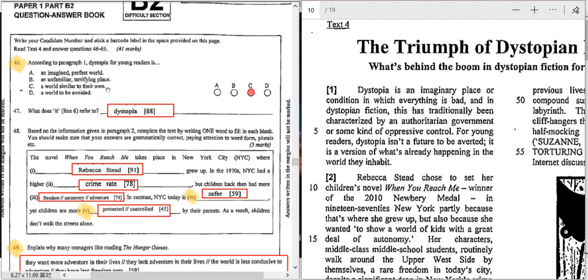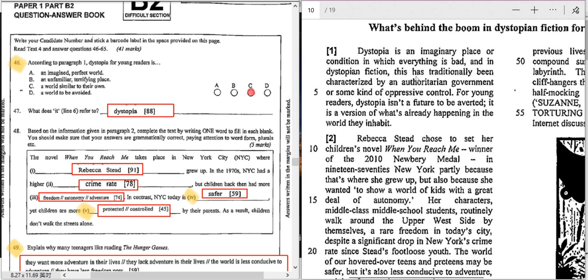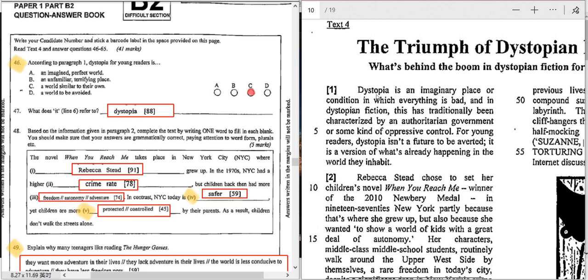Now let's get started with question 46, dystopian literature. According to paragraph 1, dystopia for young readers is... So how is it described in paragraph 1? Let's do a little bit of reading here.